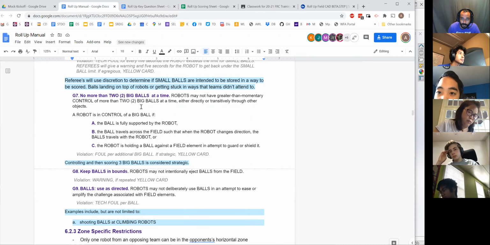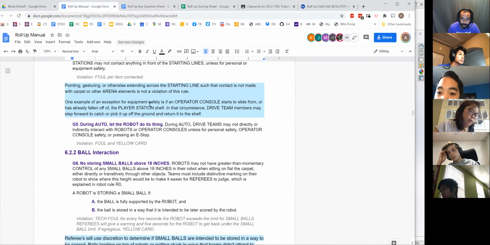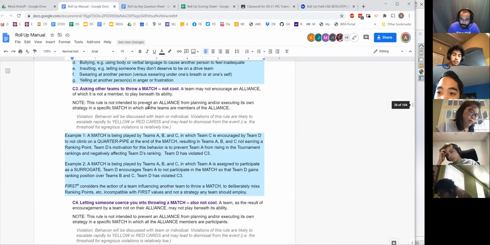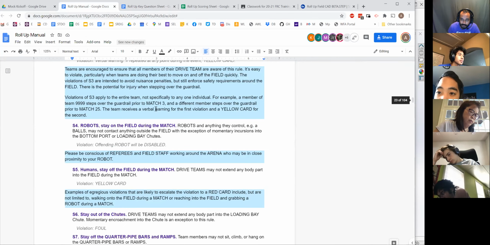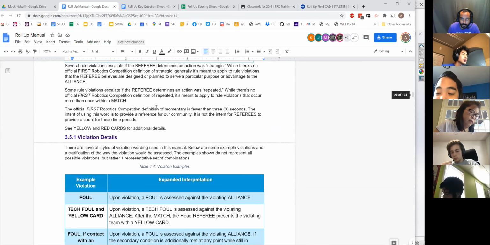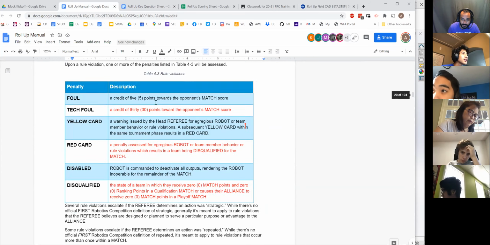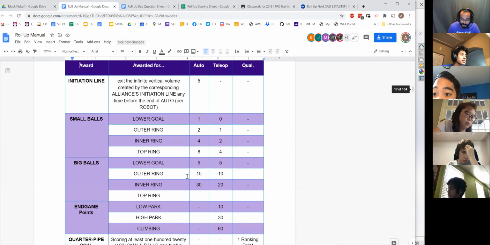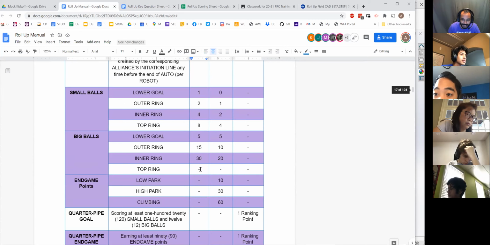Just starting to figure out some things with the game. We can look at what 60 points really is. Well, it kind of is a lot, right? It's potentially two big balls in the inner ring, right? No, it'd be 3. Oh, sorry, it's 3.